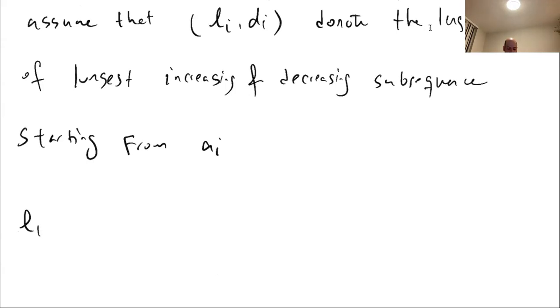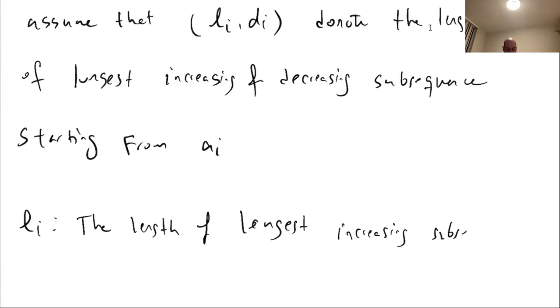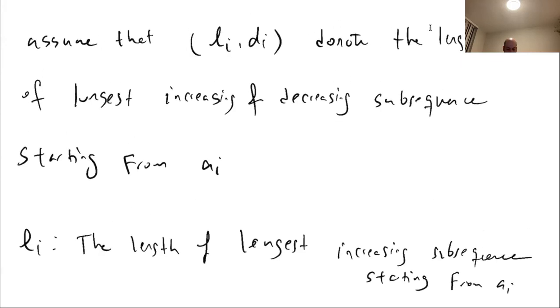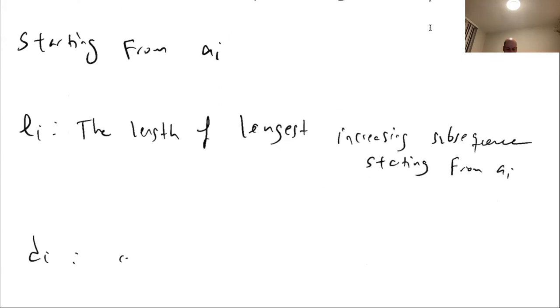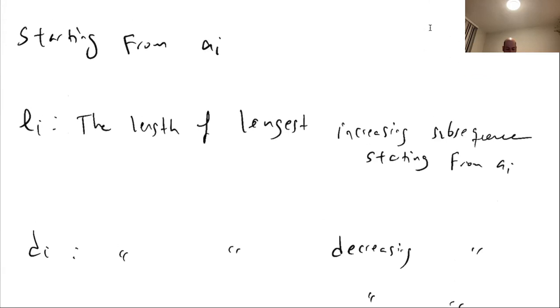So basically, Li here is the length of the longest increasing subsequence starting from ai, and Di is the length of the longest decreasing subsequence starting from ai.